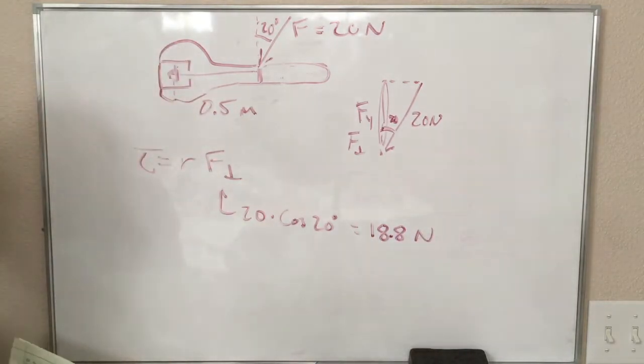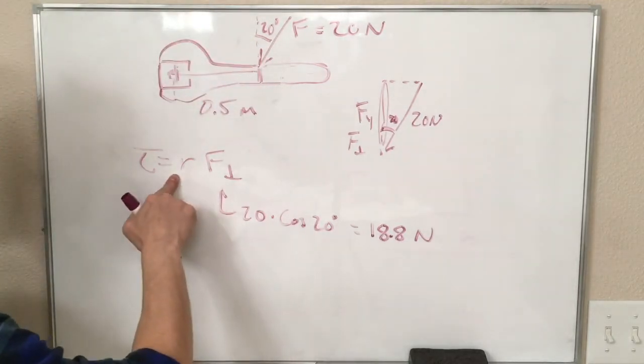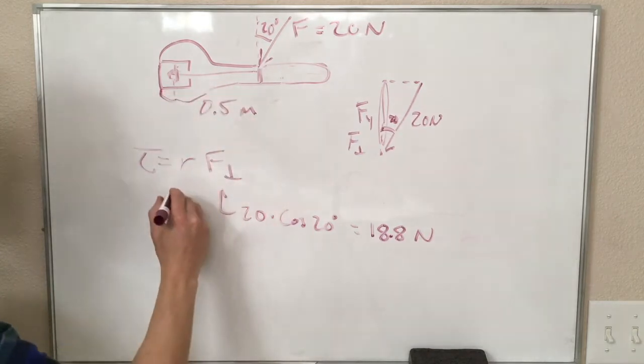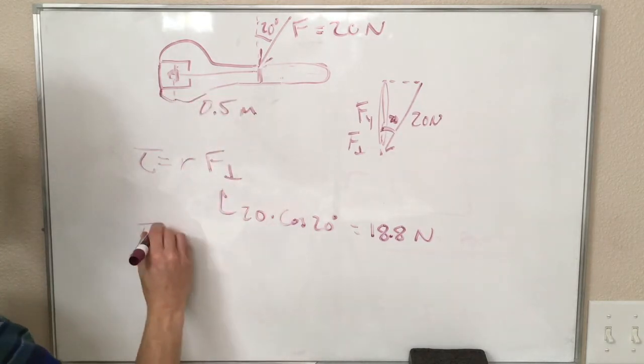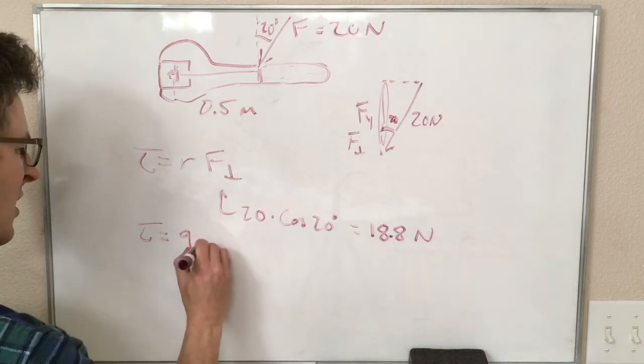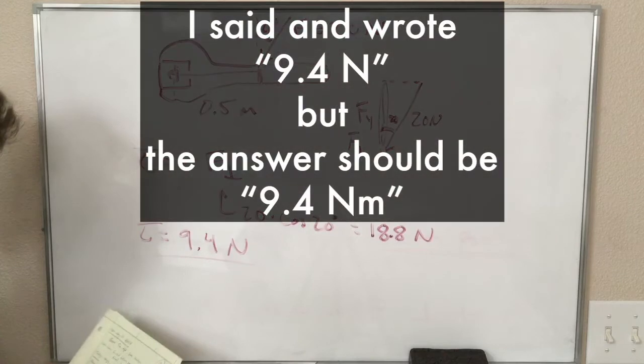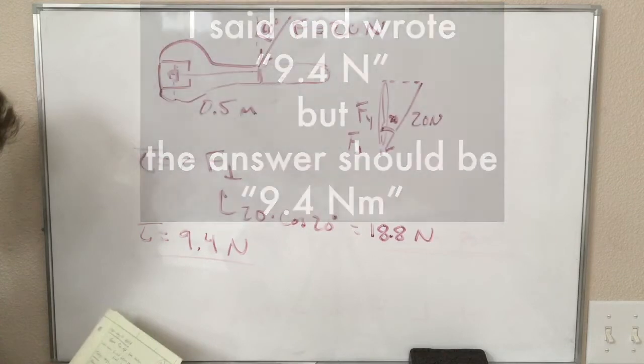So of that 20 newtons, 18.8 of it is in this perpendicular direction. Multiplying it by our distance R, that is 0.5, we get a torque of 0.5 times 18.8, which is 9.4. I wrote 9.4 newtons, but clearly the answer should be 9.4 Newton meters.